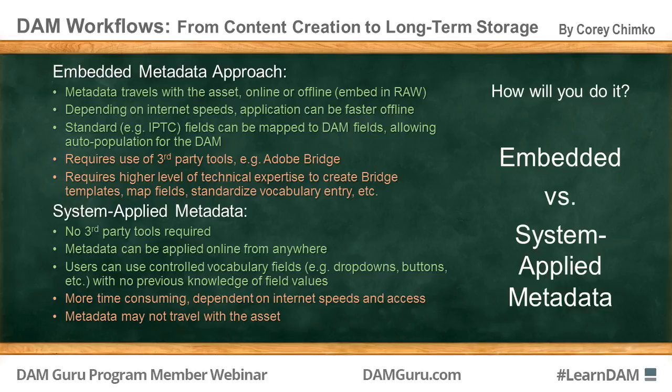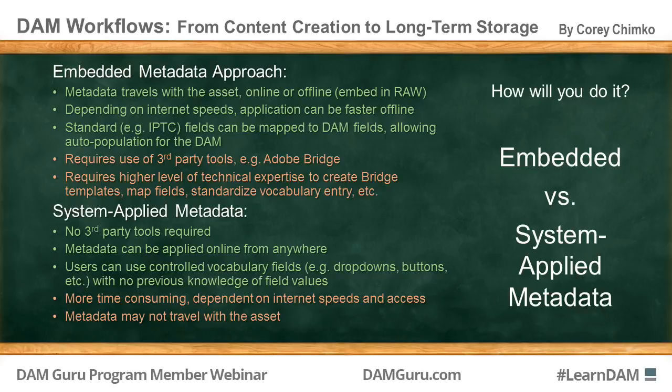This approach can be more time-consuming dependent on your internet speeds, obviously, and internet access, which I talked about before. And again, your metadata may not travel with the asset. So basically, you're applying the metadata after it's already been ingested into your DAM. So whatever's in your storage probably does not have your metadata embedded in it.